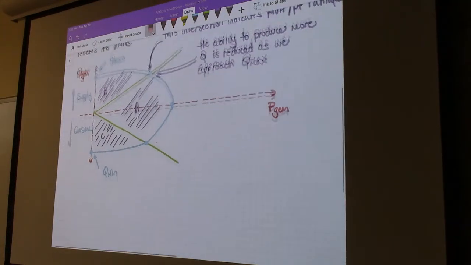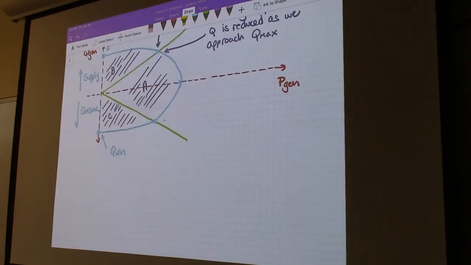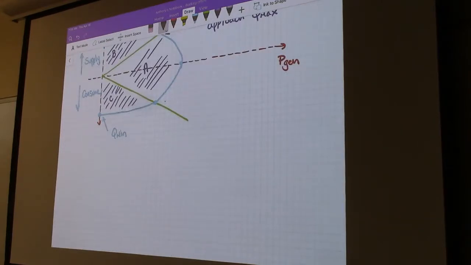So, now the more interesting question here is what do these regions mean? Specifically as far as the generator's operation.